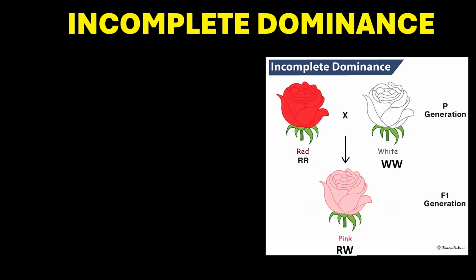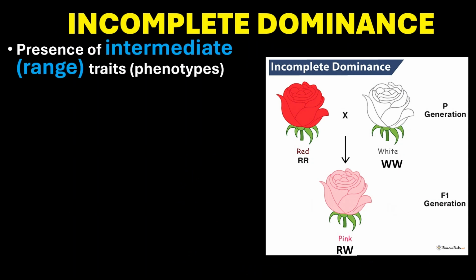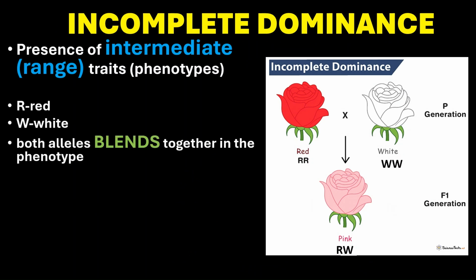For incomplete dominance, we have a situation like this. We have the presence of intermediate or a range of traits or phenotypes. Both alleles are dominant, and none of them is being fully expressed. Both alleles blend together, or they mix perfectly in the phenotype. So instead of the child resembling either parent, the child won't.